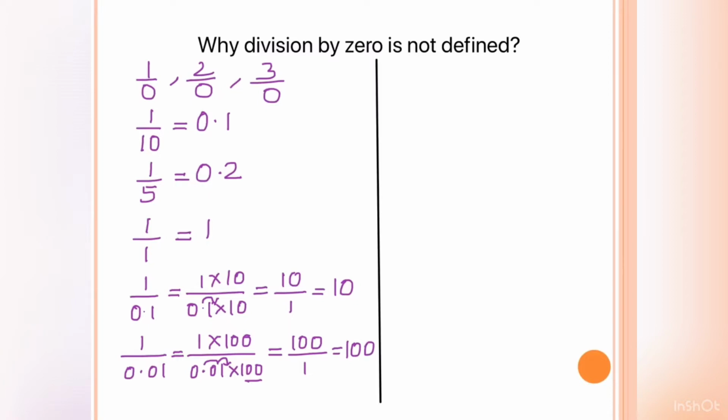Same way, 1 by 0.001 will be equal to 1000. 1 by 0.0001 will be equal to 10,000.